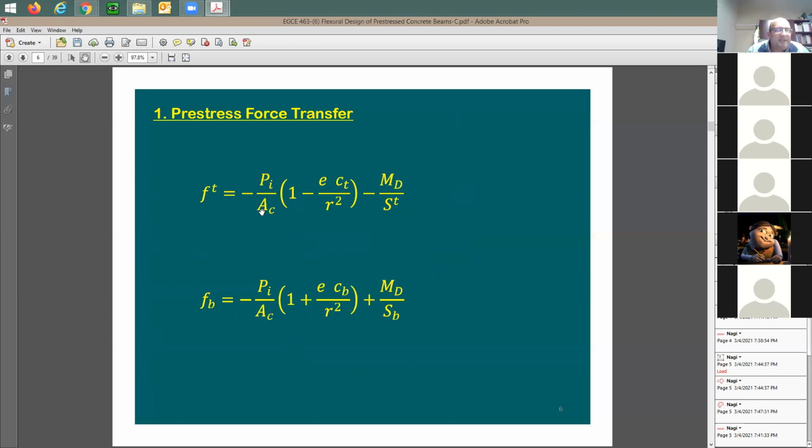I need to estimate the section. I'm going to say, let's say 16 by 24 or 12 by 24. I need to propose a section that you don't know at the beginning if it is going to be good or not. And then I also need to come up with Ct based on the section properties, r squared based on section properties, S top and S bottom based on section properties. Meaning I need to give it the section first.